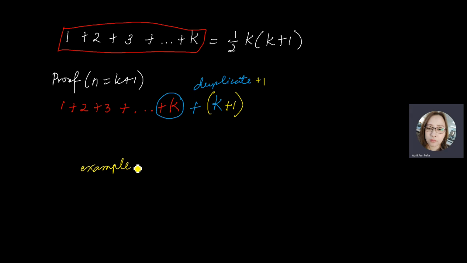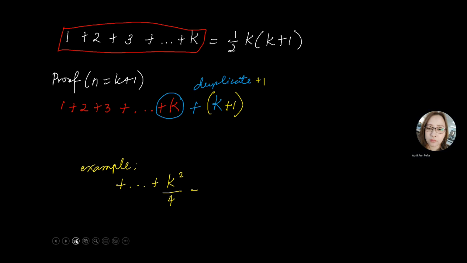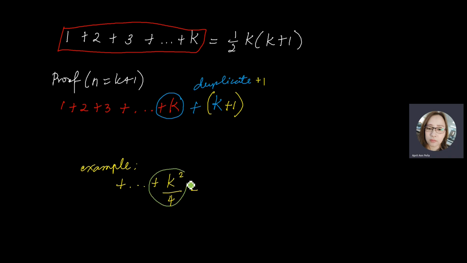I'm just giving an example. So for example, you have k squared over 4. Because you need to duplicate this portion, you're going to duplicate this.